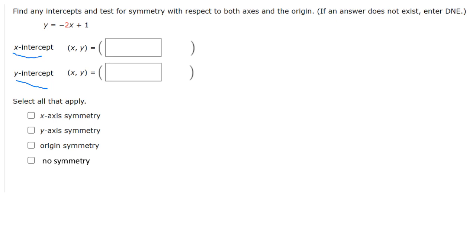For the first part, let's find the x-intercept. We're going to let y equal 0 and solve for x. This is our equation: y is equal to minus 2x plus 1, and we set y equal to 0.